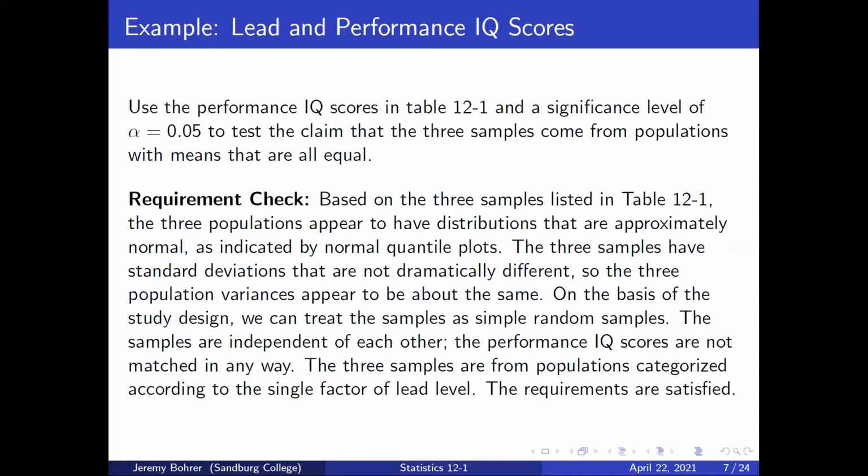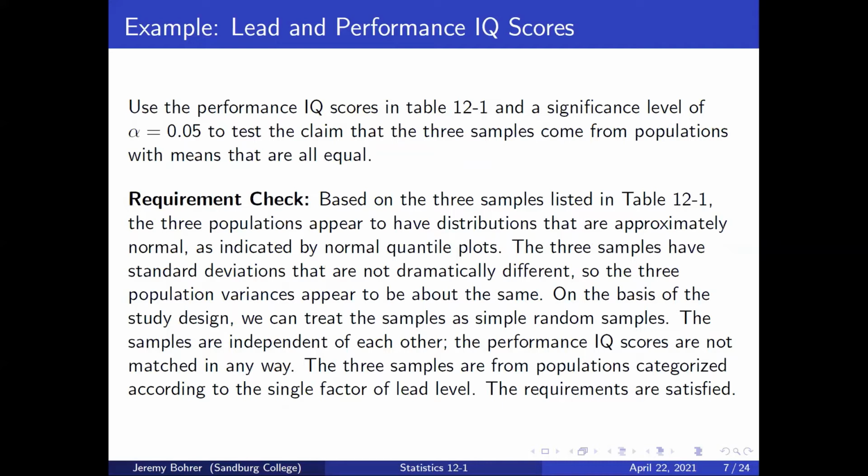Use the performance IQ scores in table 12.1 and a significance level of alpha equals 0.05 to test the claim that the three samples come from populations with means that are all equal. Requirement check. Based on the three samples listed in table 12.1, the three populations appear to have distributions that are approximately normal, as indicated by normal quantile plots.